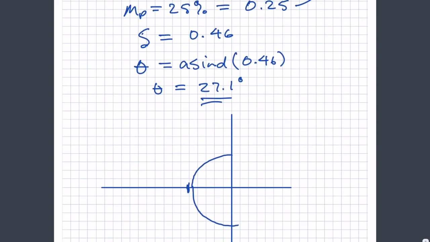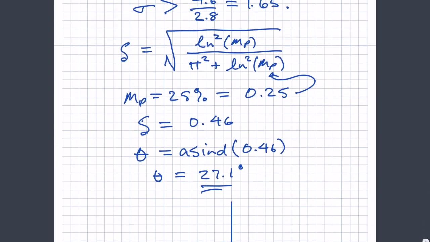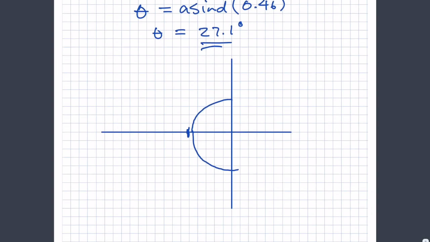All right. And then I look at sigma. Sigma is the real part. Sigma is 1.65. Okay, so here's 1. This would be 2. So 1.65 would be somewhere in here.